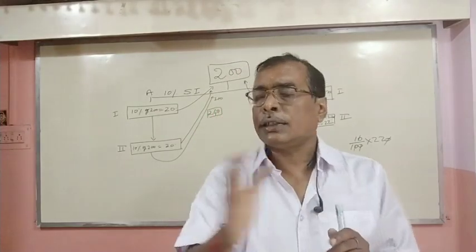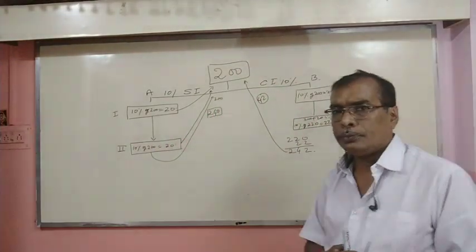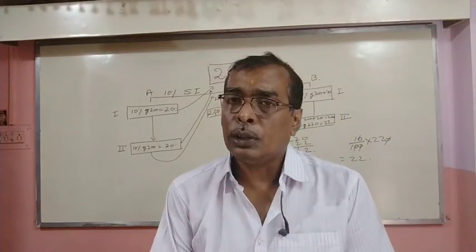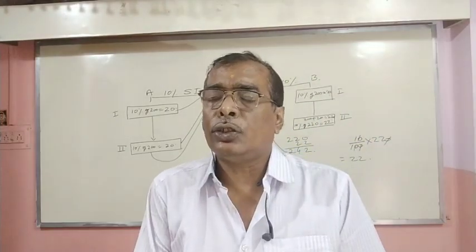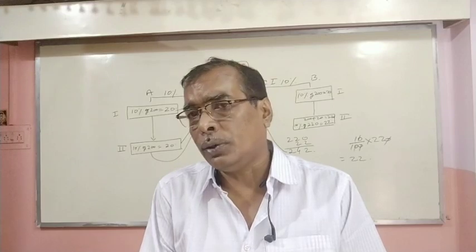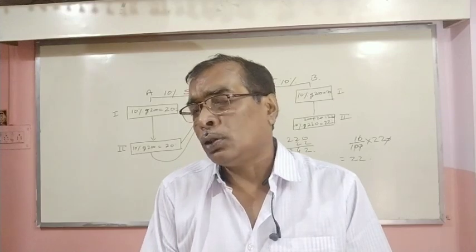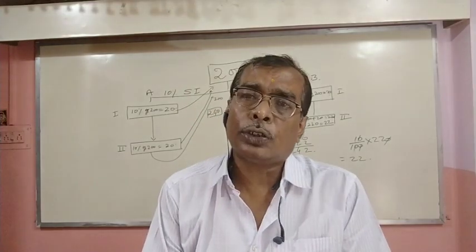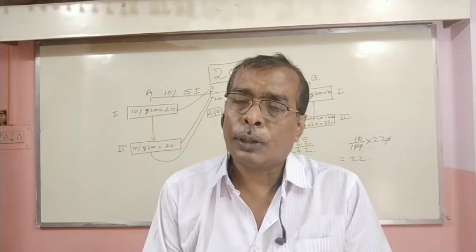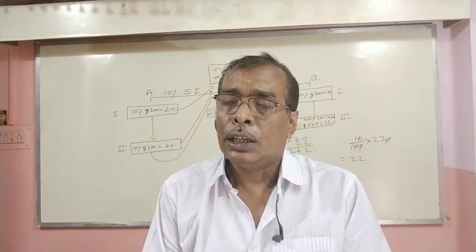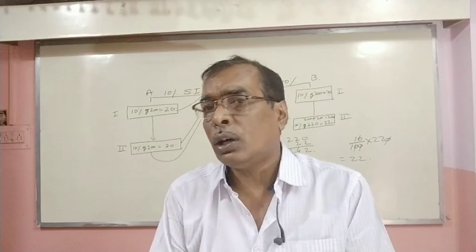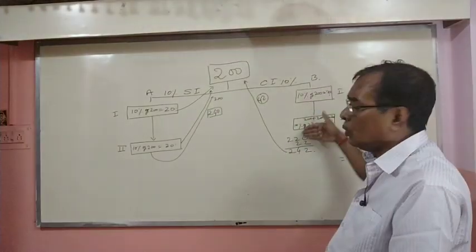Now let us enter into compound interest. In compound interest, yes, formulas are available. Many students are solving the first exercise by using formulas. But no, the problems from the first exercise are based on working without using formulas. Without using formulas means step by step you will have to go.